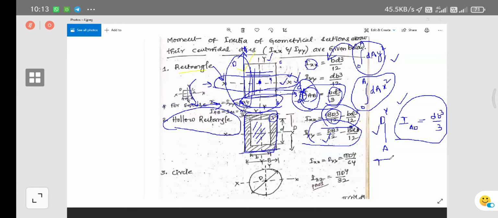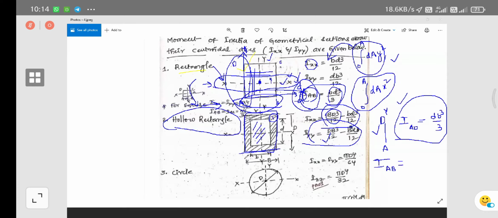So that is nothing but IAB, the moment of inertia about the base axis.